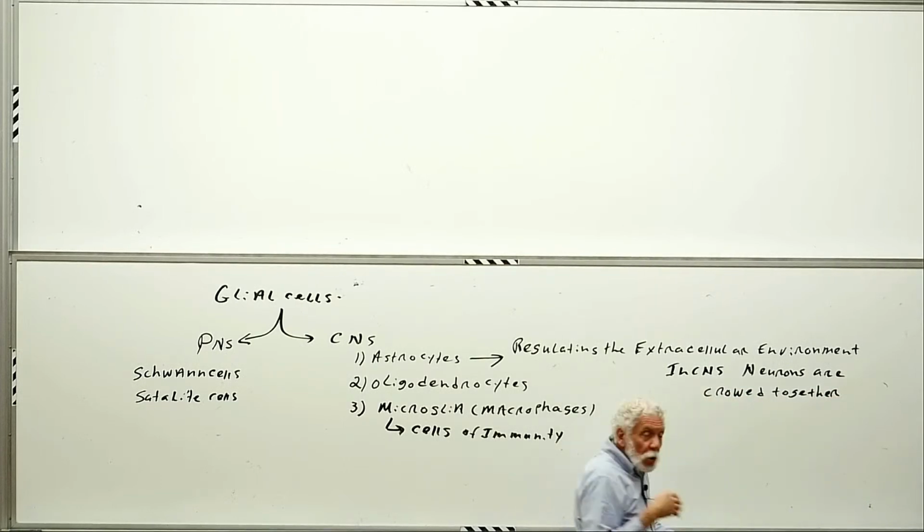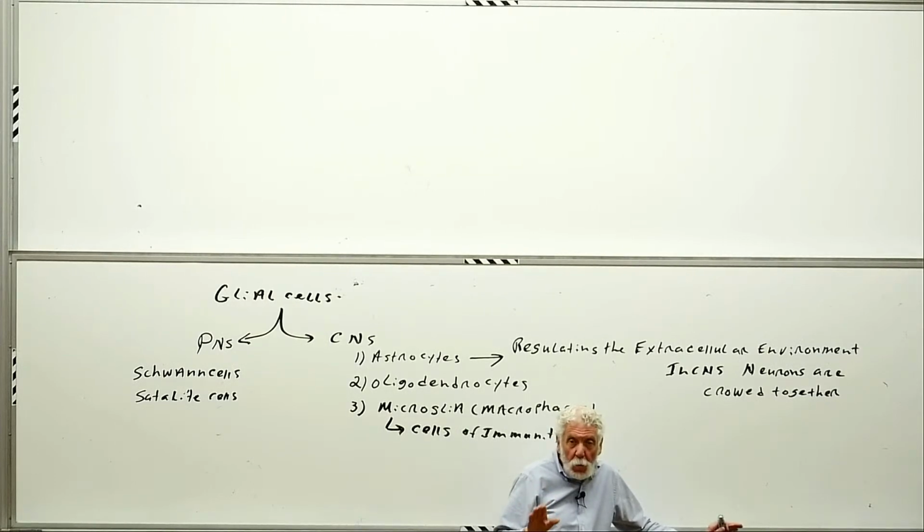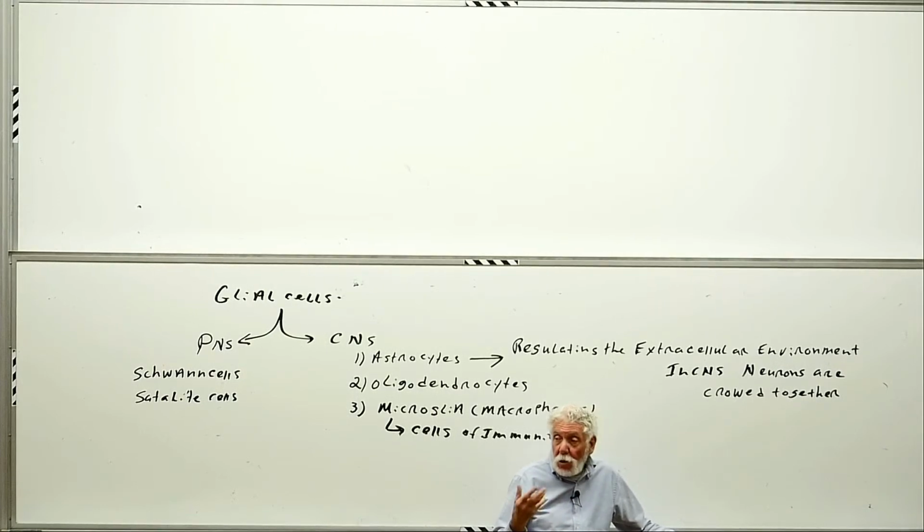As a detail, when you actually count cells in the central nervous system, there are something like 9 or more times as many glial cells as there are neurons. So by numbers, these are the more important cells. But again, as I said in the introduction, because we understand neurons primarily through our ability to measure their electrical signaling, we emphasize neuronal characteristics and neuronal signaling much more than glial signaling.